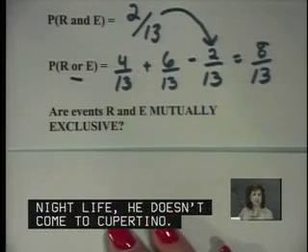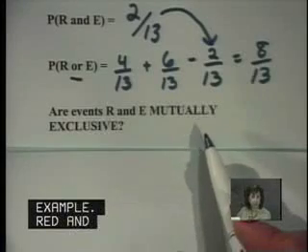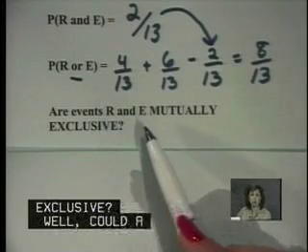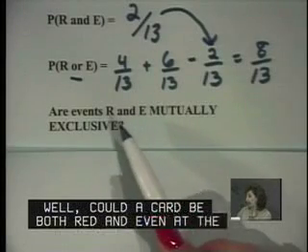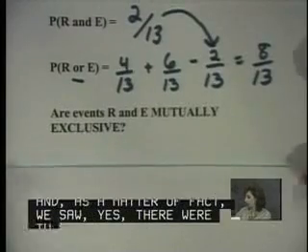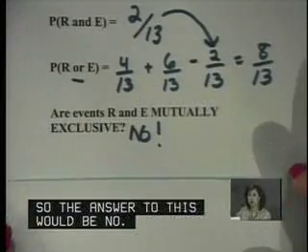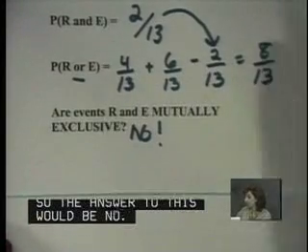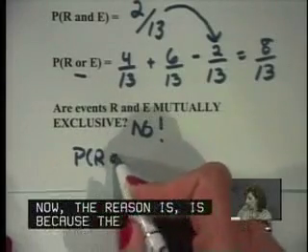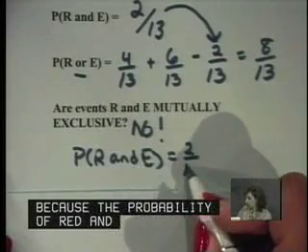So let's go back to this example. Red and even, are they mutually exclusive? Well, could a card be both red and even at the same time? And as a matter of fact, we saw yes, there were 2 cards. So the answer to this would be no. No, they are not mutually exclusive. Now the reason is because the probability of red and even equals 2/13.